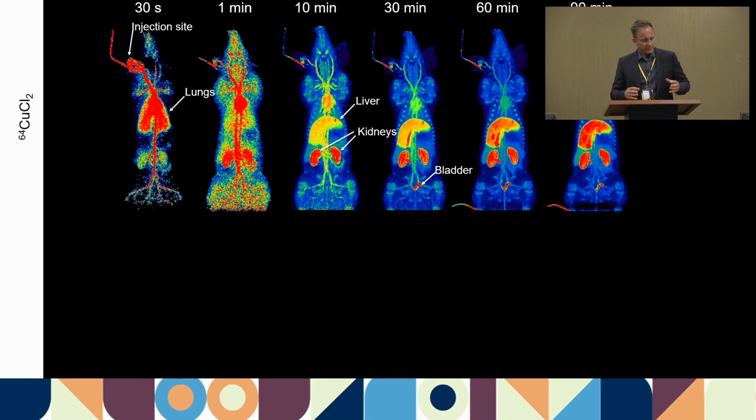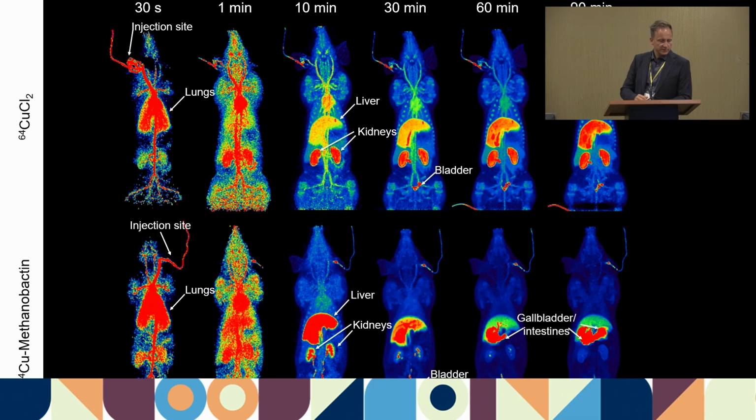So what we did was we then bound methanobactin, which is this new compound, a powerful chelator, to radioactive copper outside of the pig. And then we did the same thing again. So just to see what happened. And here you can see that this thing, methanobactin with radioactive copper combined, then simply within the same time frame just raced through the liver.